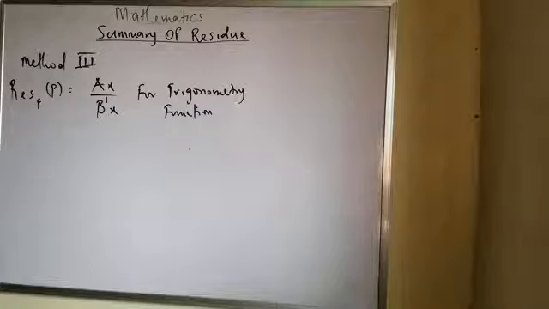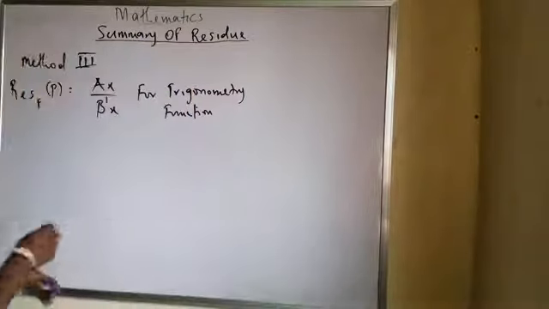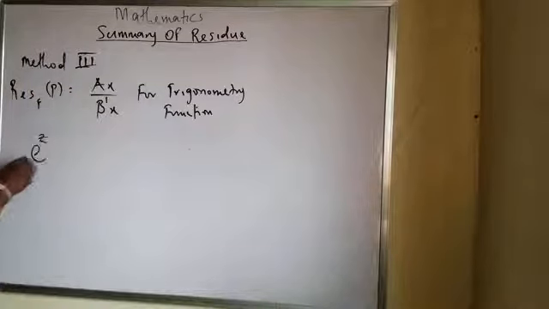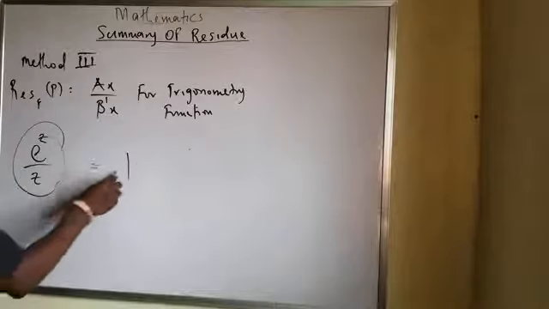Now, I've given an example on number 1, the first method, which is by using e of z all over z. We have done something like this, where my residue is 1.